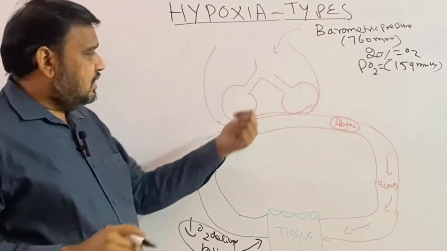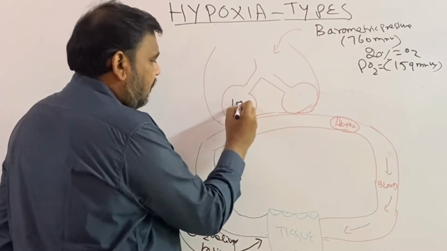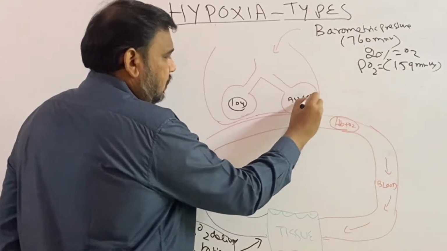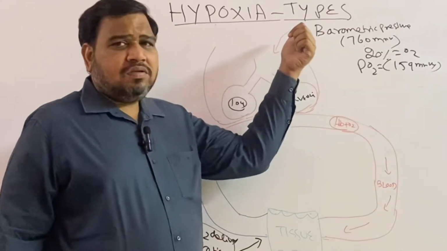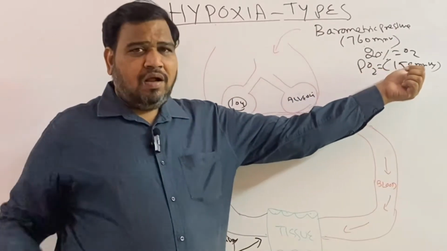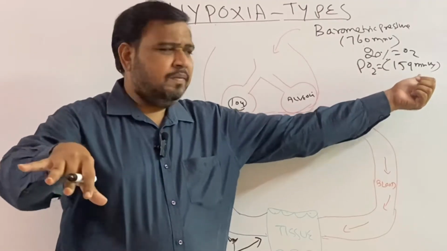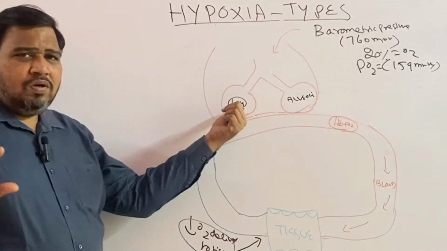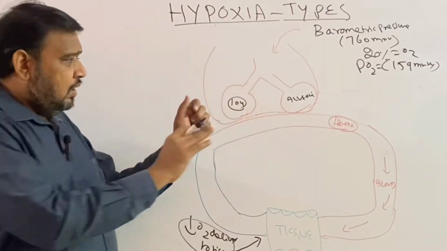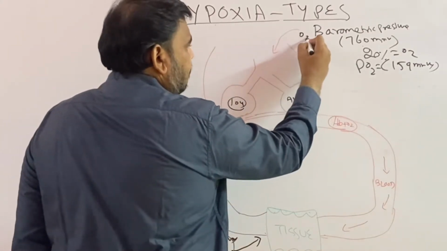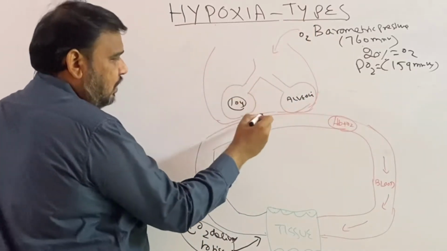This comes inside, and the partial pressure of oxygen in the alveoli, so this is the alveoli. The partial pressure of oxygen in the atmosphere, outside, is 159 millimeter mercury, or 160. The alveolar pressure is 104. This is normal. Because of the partial pressure difference, the oxygen enters the alveoli.